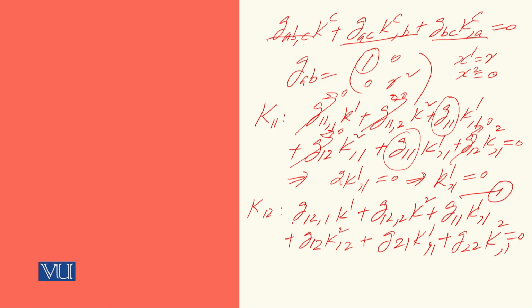Now you see that G12 is 0, so this will be 0, this will be 0, this will be 0, this will be 0, and you are left with these two terms.